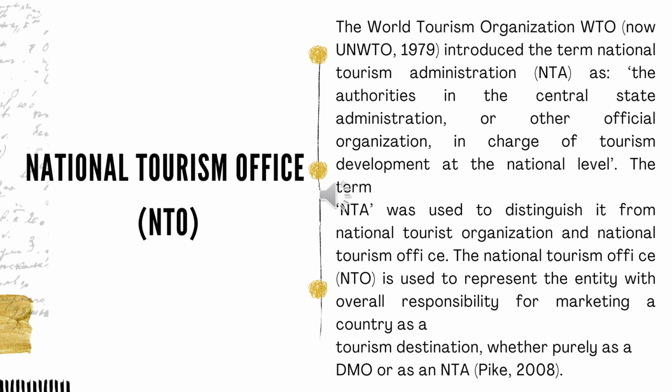So this organization is on the national level. It was used to distinguish from National Tourism and Tourist Organization and National Tourism Office. Its overall responsibility is marketing a country as a tourism destination. All right.